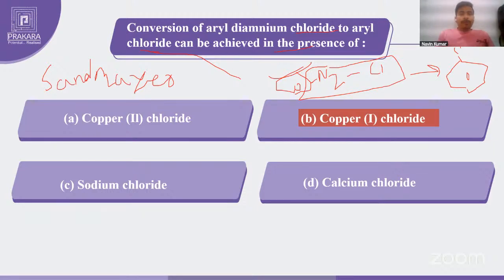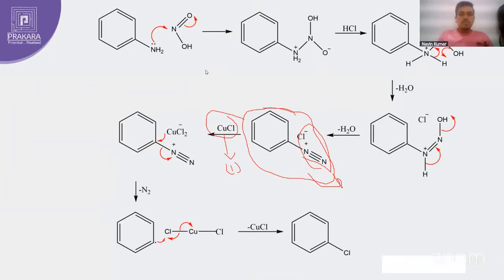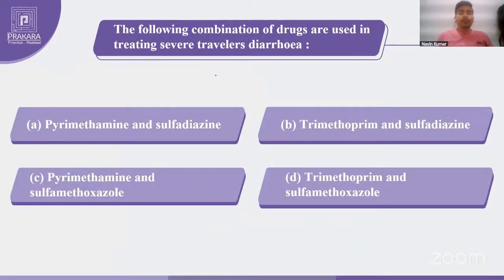Now, moving to the next one. The next question is related to traveler's diarrhea. This is a kind of question which basically belongs to the pharmacology part, but it appeared in the chemistry portion in GPAT 2019.